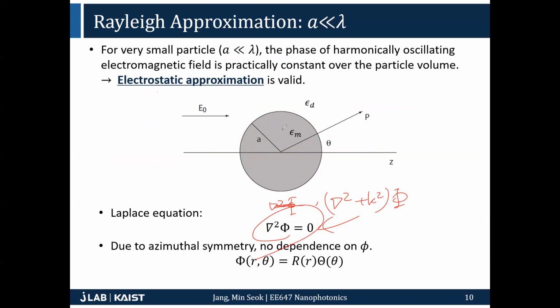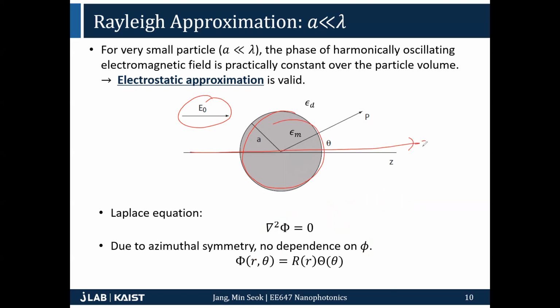And then also, if you say this is your electric field, the wave was probably propagating in this direction. Due to azimuthal symmetry, there's no dependence on phi in this case. So what I mean here is that, let's say this is your electric field, and this is your particle, and say this is your z-axis.